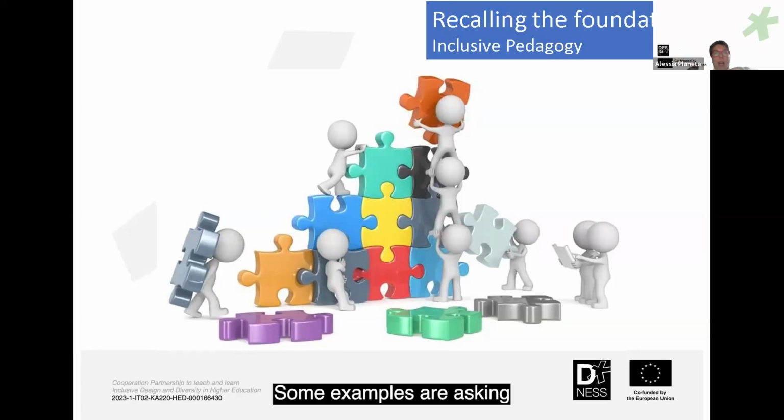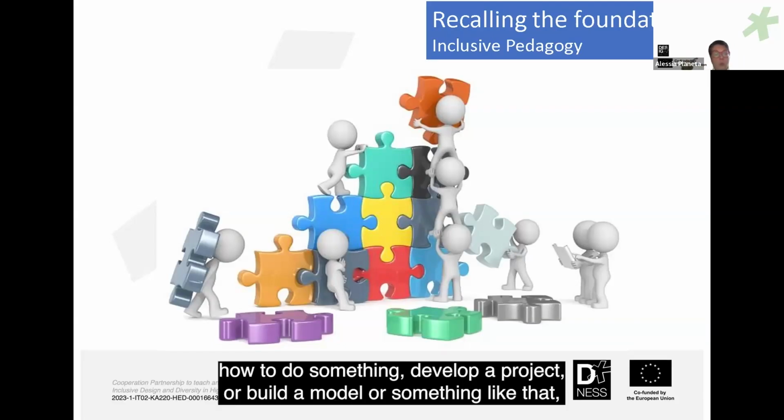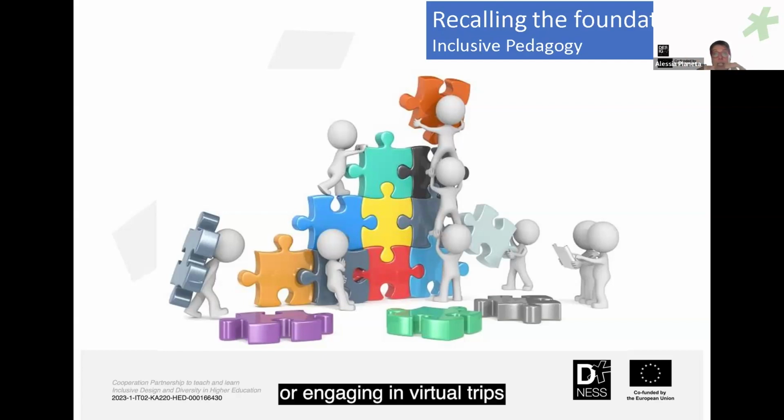Some examples are asking students to create online tutorials on how to do something, develop a project or build a model or something like that, or engaging in virtual trips with maybe guided activities through questions. These are examples of active learning activities.